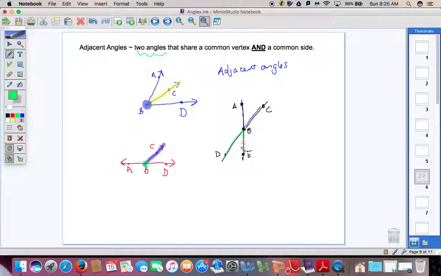Are these adjacent angles? They're not adjacent angles. They have a common vertex right here. Their vertex is the same, but they don't share a common side. And so because they don't share a common side, they're just angles. And we're going to talk about what kind of angles they are. They happen to be vertical angles, but they're not adjacent angles because the only thing that they share is a common vertex.